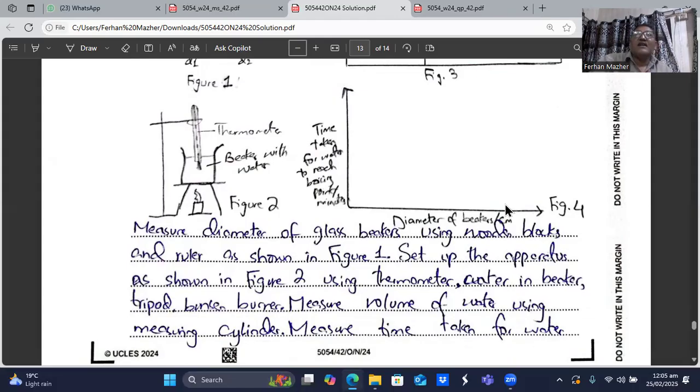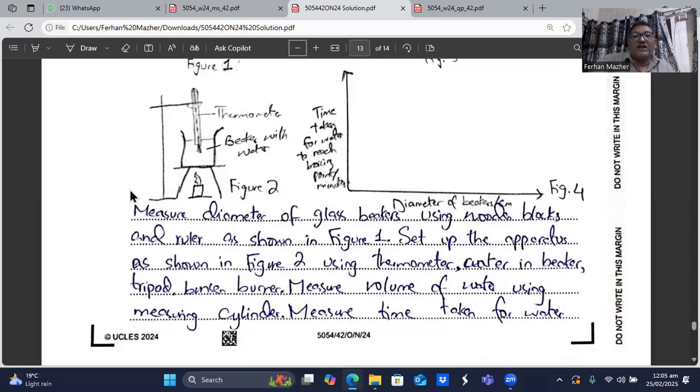That is the independent variable, and the time taken for the water to reach its boiling point will be on the y-axis. Then we will draw a graph between them, and by looking at the shape of the graph, we will be able to tell what is the relationship between the diameter of the beaker and the time taken to boil the water.